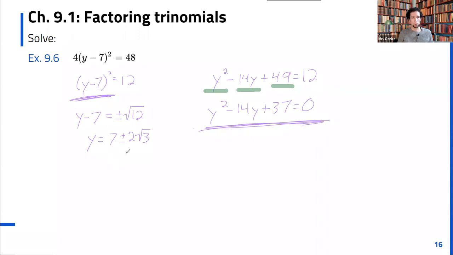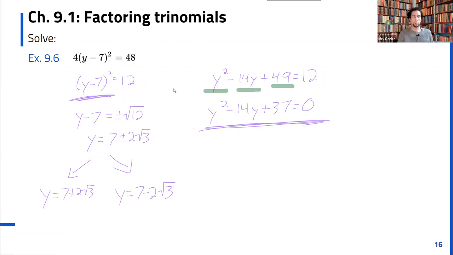Okay, so this would be 2 versions: y is equal to 7 plus 2 root 3, or y is equal to 7 minus 2 root 3. Okay, so just because you see an opportunity to expand doesn't mean you should.